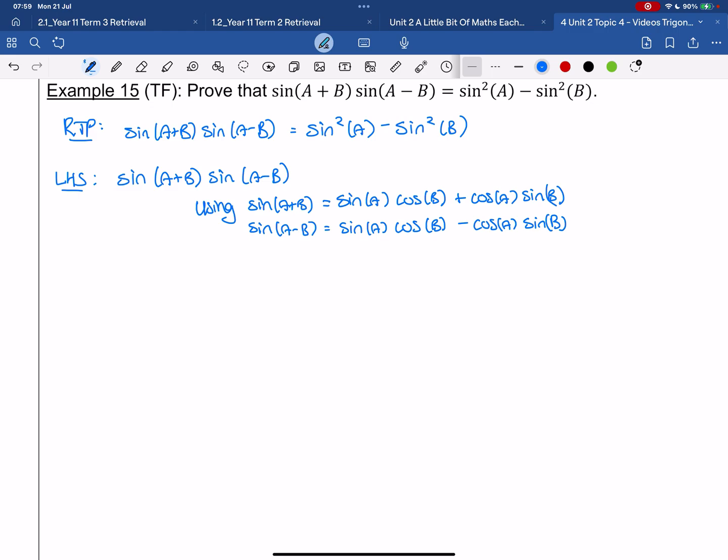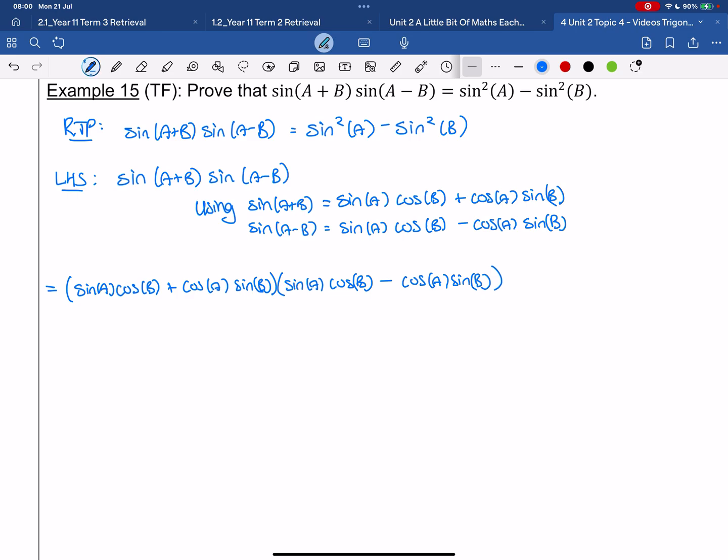And I'm now going to substitute those in. Give yourself some space. So what we've got is sine of a cos of b plus cos of a sine of b, times sine of a cos of b minus cos of a sine of b.